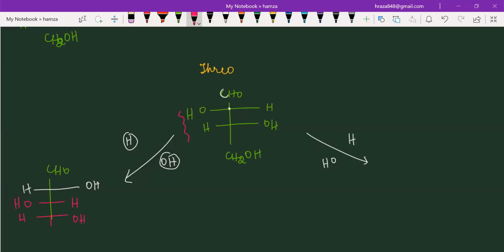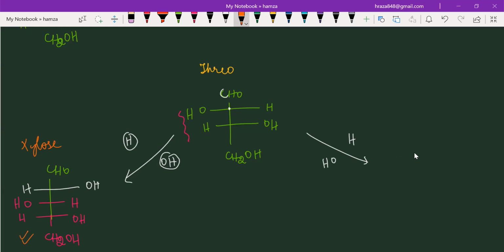And this is our CH2OH as it is. So we call it xylose.